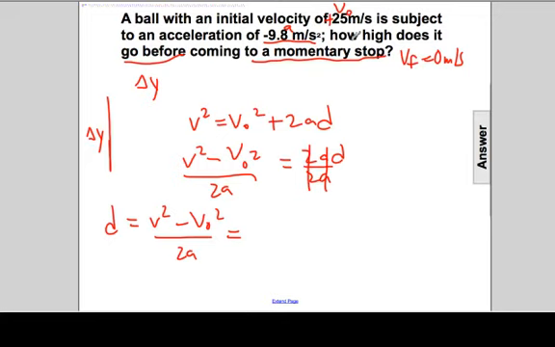The final speed will be 0, so it's 0 meters per second squared, minus the initial speed squared, 25 meters per second squared, divided by 2 times the acceleration, 2 times negative 9.8 meters per second squared.